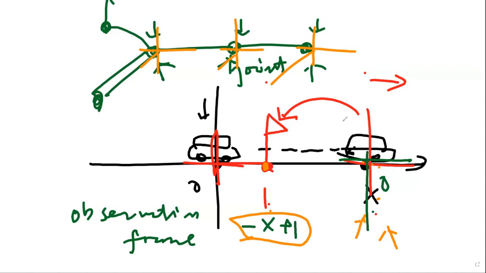The car moving forward is just like your flag moving backward. It's a similar thing. Is that okay? Your car moving forward is similar to your observation frame moving backward.